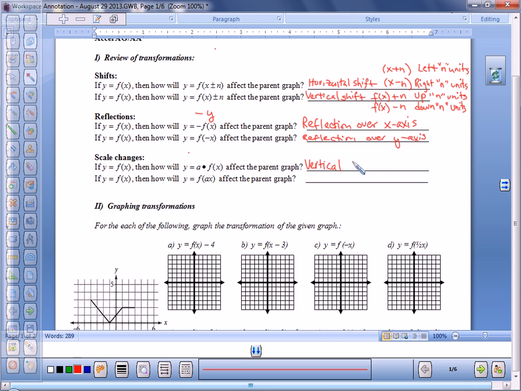It's a vertical stretch when my a is greater than 1. And it's a vertical compression or shrink, you may use either term, when that multiplier is between 0 and 1.